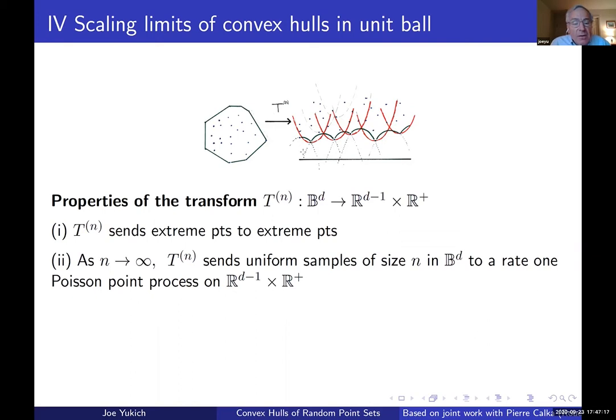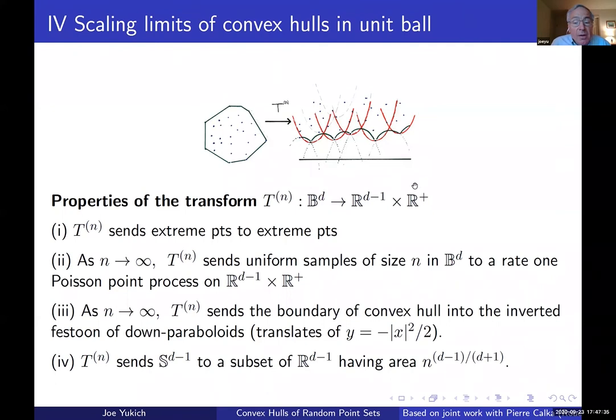This characterizes the Poisson point process in the upper half space and in space in general. The main point here is that Tn takes uniform samples in the disk to uniform samples in the upper half space, asymptotically.